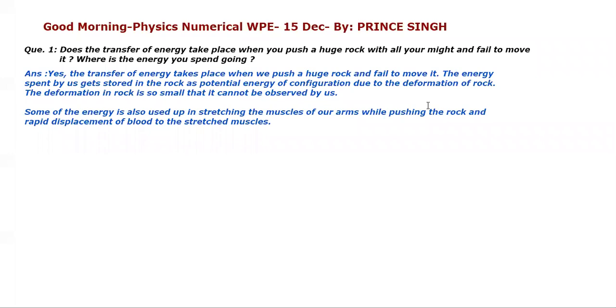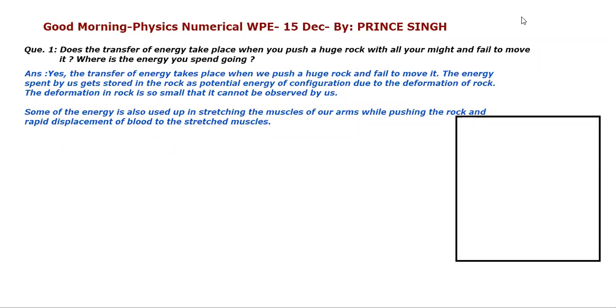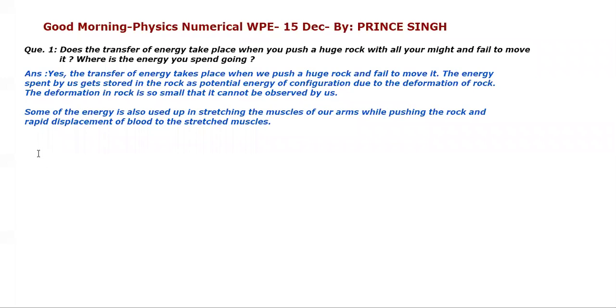Some of the energy is also used up in stretching the muscle of our arms while pushing the rock and rapid displacement of blood and stretched muscles. So clear everyone what it is written? Anyone having any doubt about the answer?